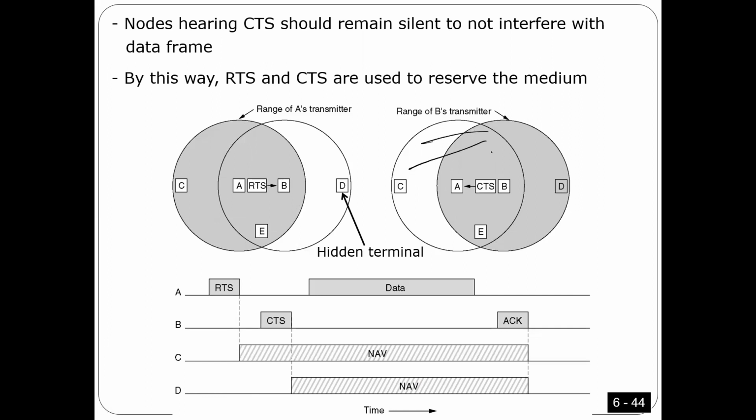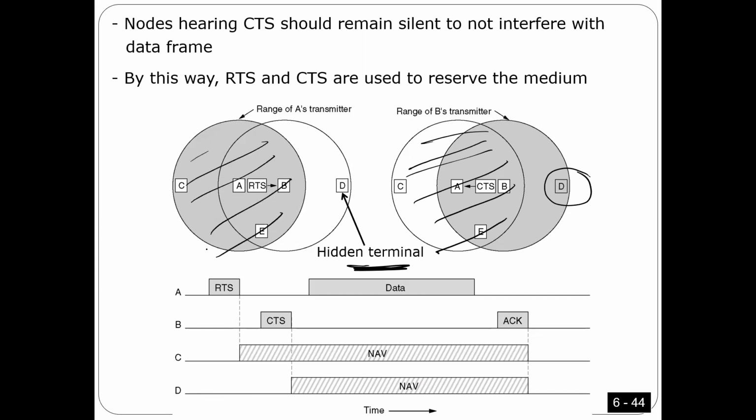Because if there is only one transmission here, we have something we call the hidden terminal. The hidden terminals are the neighbors of B that are not neighbors of A. So they are not going to listen to the communication of A. They are outside the transmission area of A. So I can guarantee no neighbor of A is going to transmit, but someone among the neighbors of B, like G, for example, is going to transmit to B and cause a collision at B.